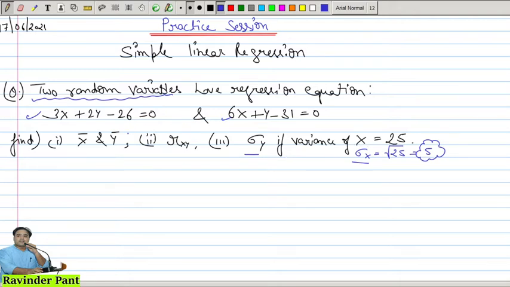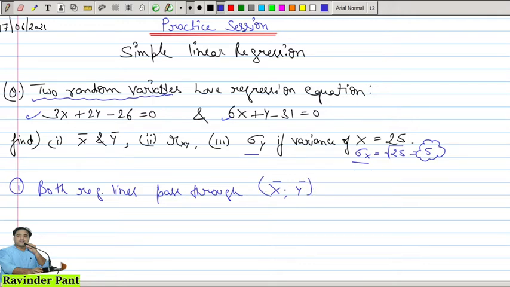In the first class, I told you that the regression lines will pass through their respective means. So both these regression lines will pass through their mean point, which means x bar and y bar.